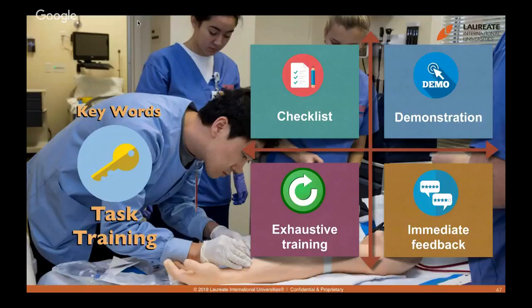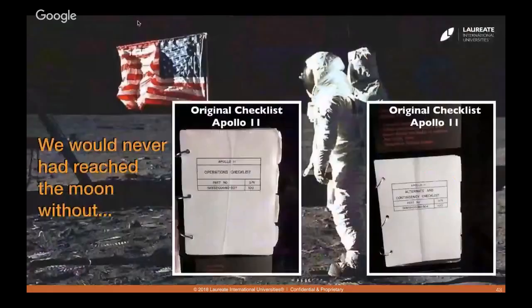Do you remember that? And immediate feedback. These are the 4 keywords that we are going to have in mind during our discussion. So guys, can you imagine the astronauts going to the moon without a checklist? It looks like we are talking about something very important, right?